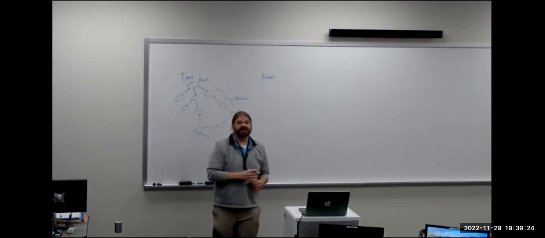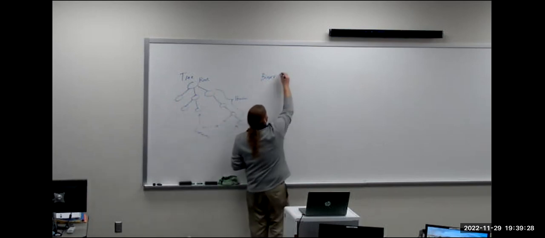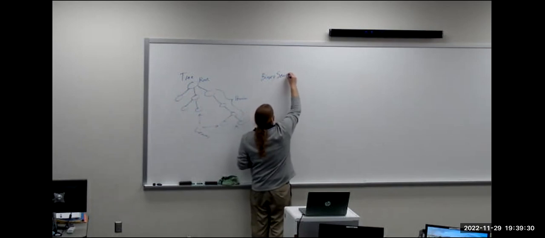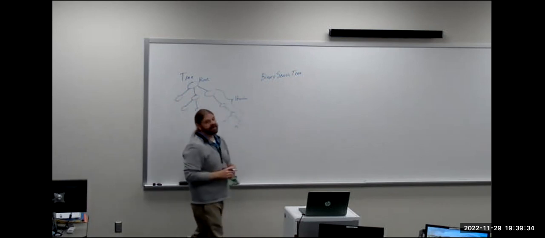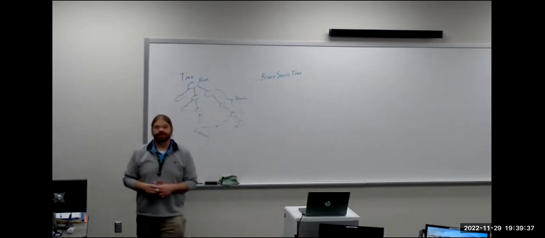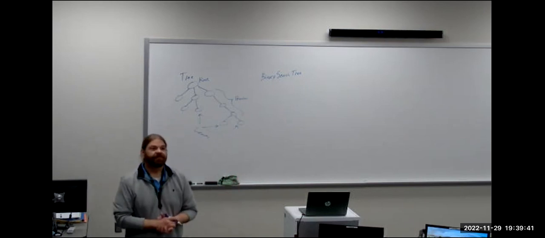There's several different kinds. I'm going to start with a binary search tree. And the reason I'm going to jump ahead and start with this one is this is one of our most important because for very, very, very large data sets, it gives us a very rapid way to search through a data set.